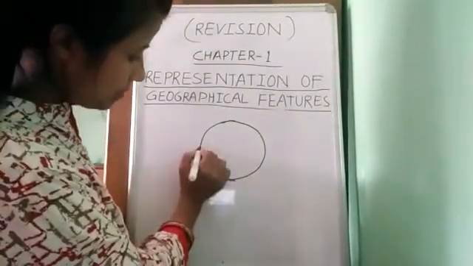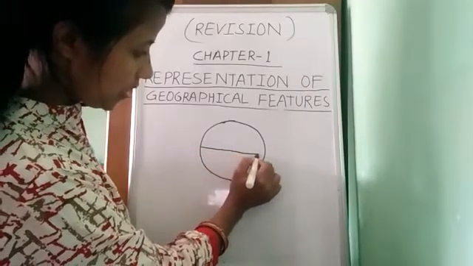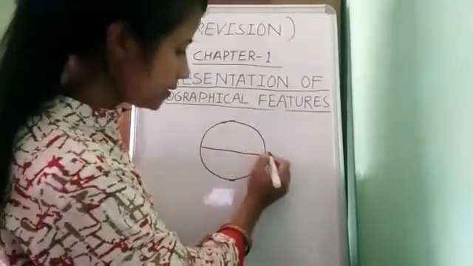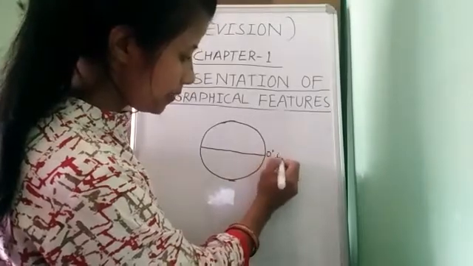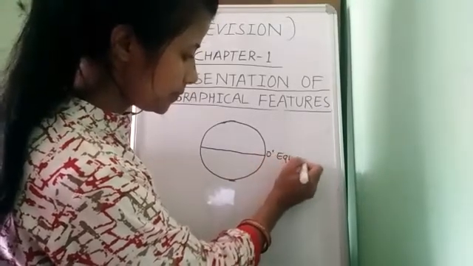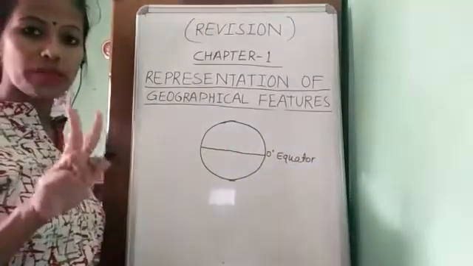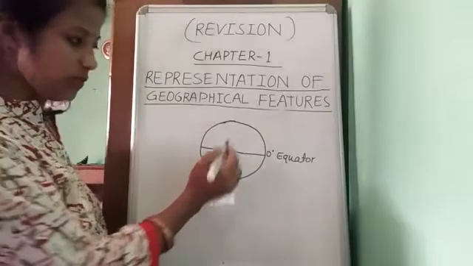Okay, now here this is the equator, at 0 degree latitude. The equator divides the earth into 2 hemispheres, that is, the northern hemisphere and the southern hemisphere.